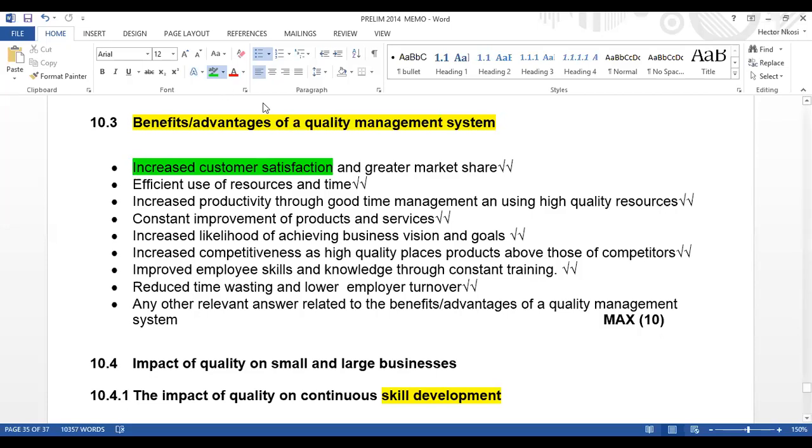Also the efficient use of resources and time, increased productivity through good time management and using high quality resources, the constant improvement of products and services, increased likelihood of achieving business vision and goals, increased competitiveness as you place high quality products above those of competitors, improved employee skills and knowledge through constant training, reduced time wasting, and lower employee turnover.